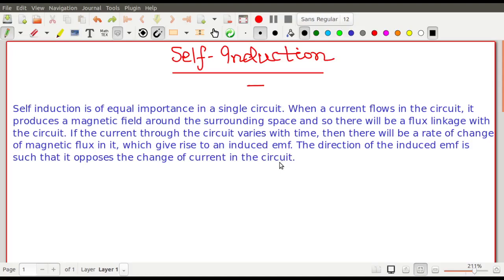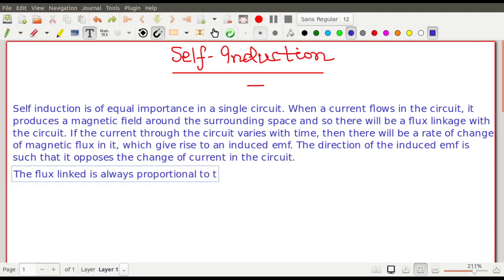Okay, এটা তো হয়ে গেল. Now the flux linked, you always know, the flux linked is always proportional to the current in the circuit.